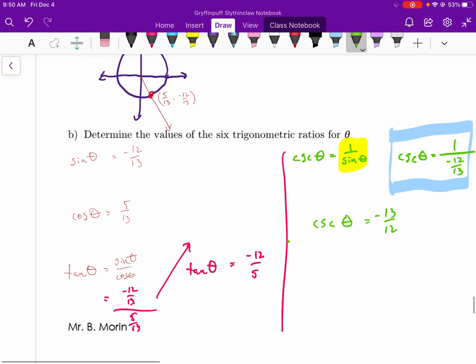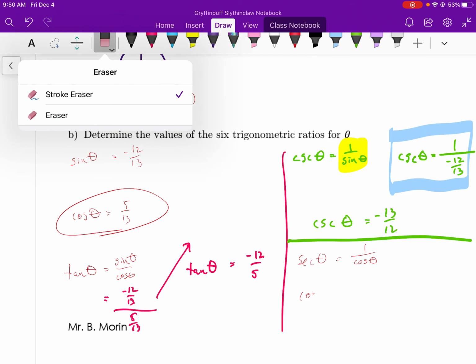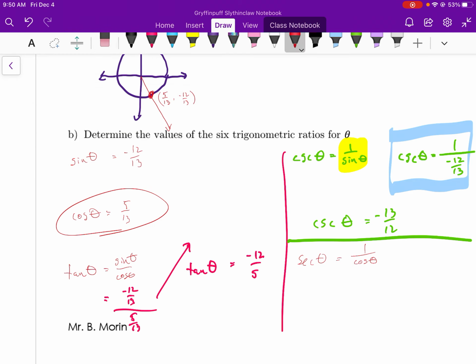Fair enough. Now I'm going to do secant. And secant theta is the reciprocal of cosine. Now you could take a look at the cosine ratio and ask yourself, what is the reciprocal of 5 over 13? And that's 13 over 5. We could formally write this, though, as the secant theta is 1 over 5 over 13.